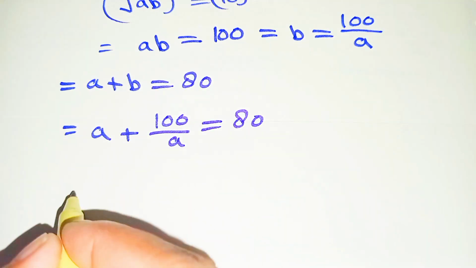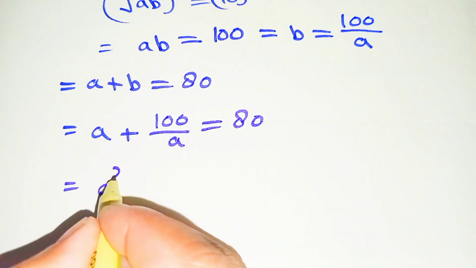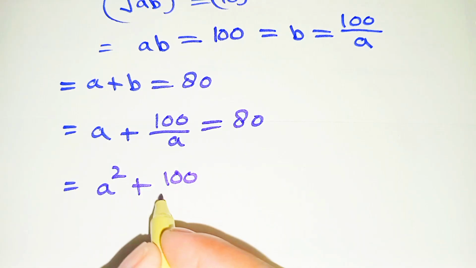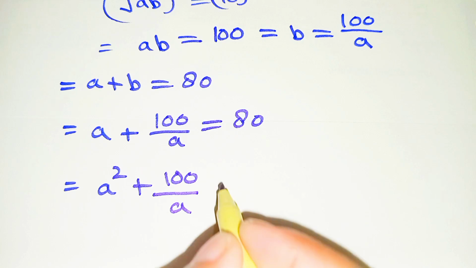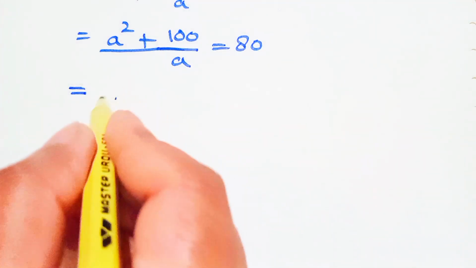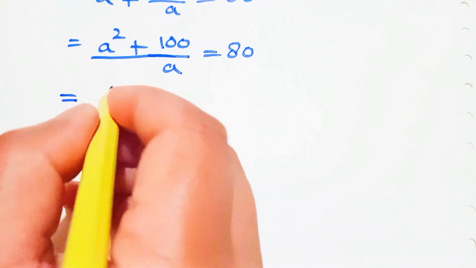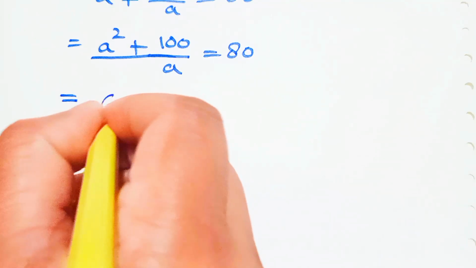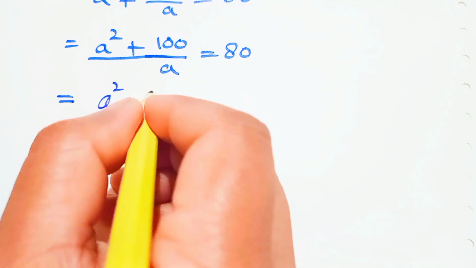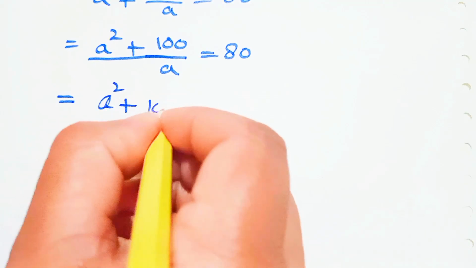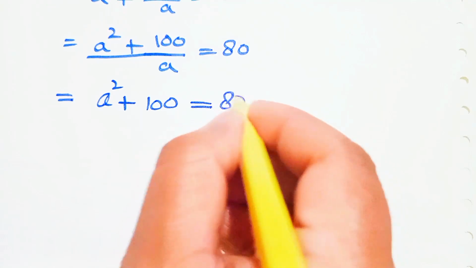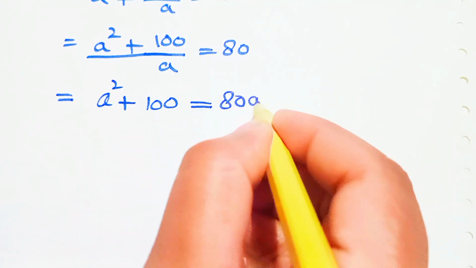We multiply through and get a squared plus 100 over a is equal to 80. In the next step, a squared plus 100 is equal to 80 times a.